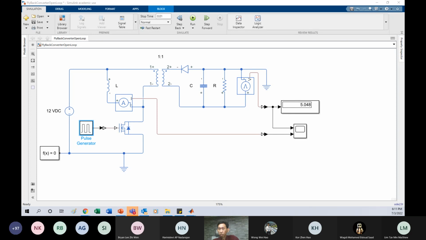So this is one of the examples. In fact, in Plexim, they also have this example for you to play around. They do have this inside Plexim, a complete power supply. Let me see.